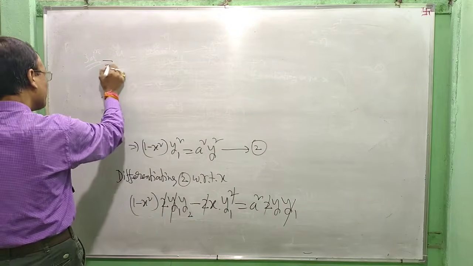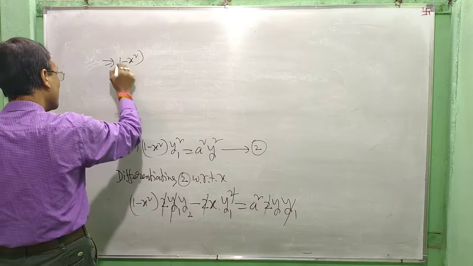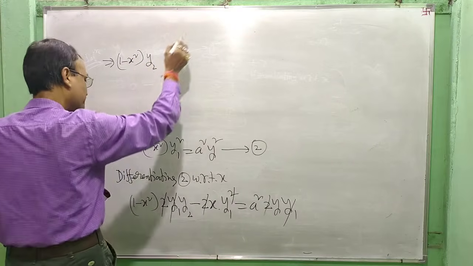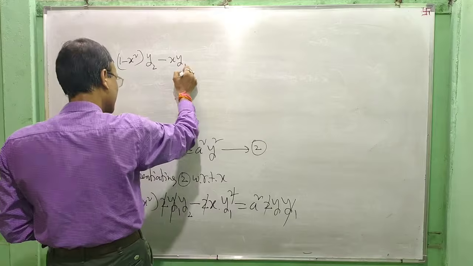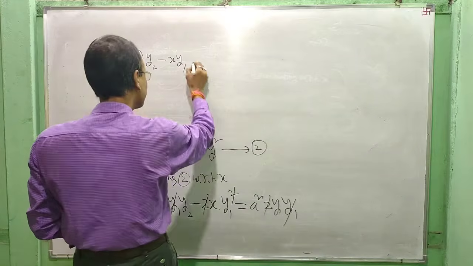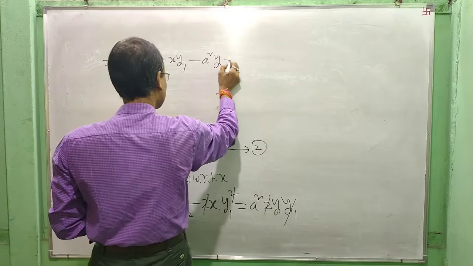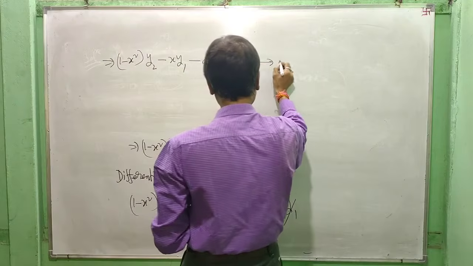This means 1 minus x square y2 minus x y1 minus a square y is equal to 0. Suppose this is number 3.